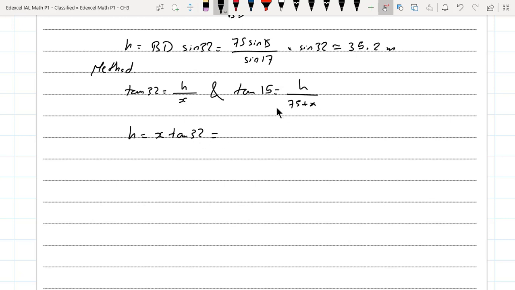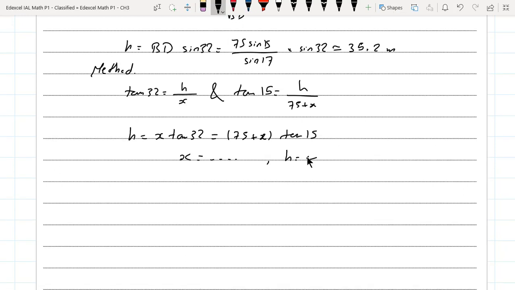From the second one, we can say that H equals 75 plus X all multiplied by tan 15. And then we can solve for X and then solve for H in the first one, which will give the same answer, of course.